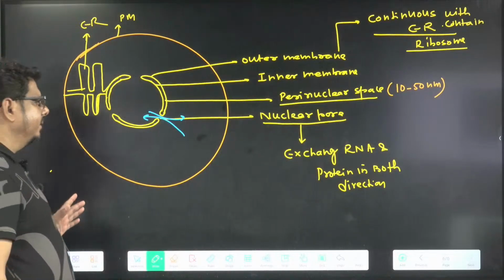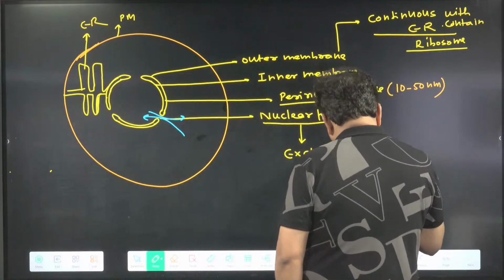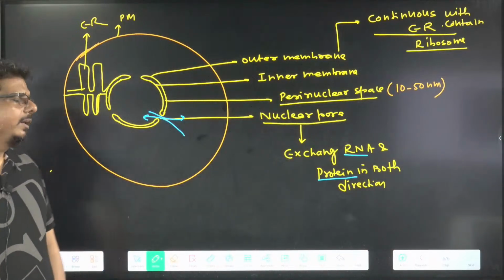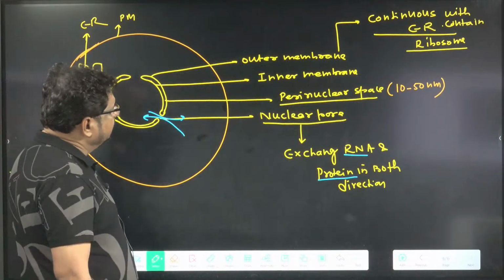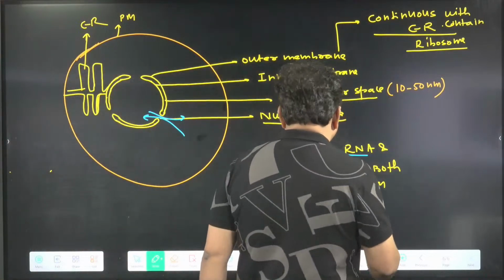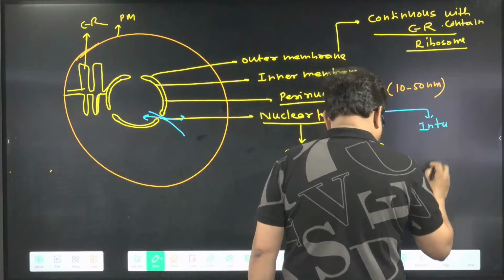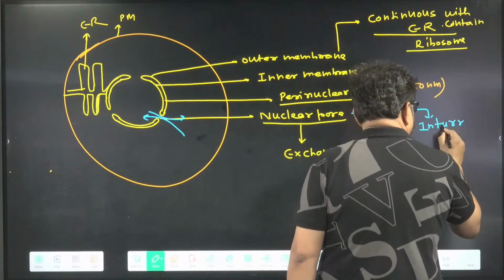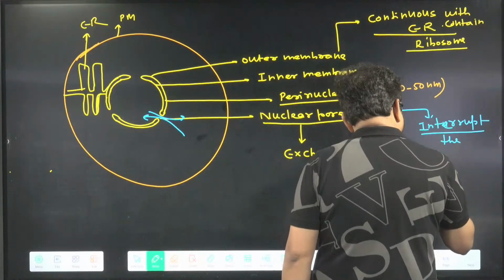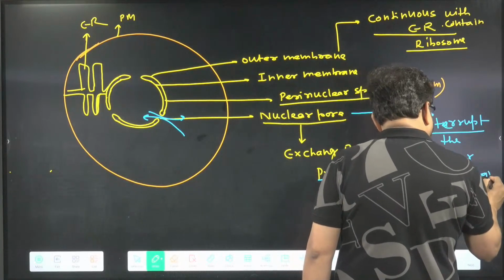So RNA and protein exchange occurs between cytoplasm and nucleus with the help of these nuclear pores. And these nuclear pores interrupt the nuclear membrane. Understanding the idea or not?